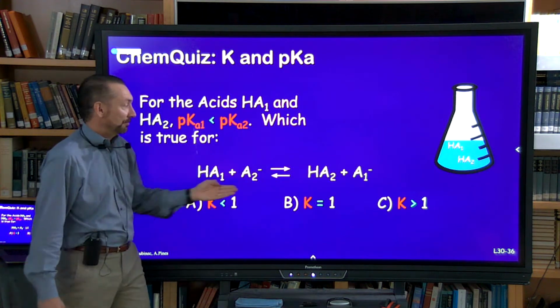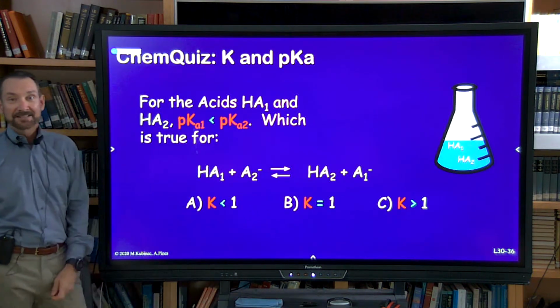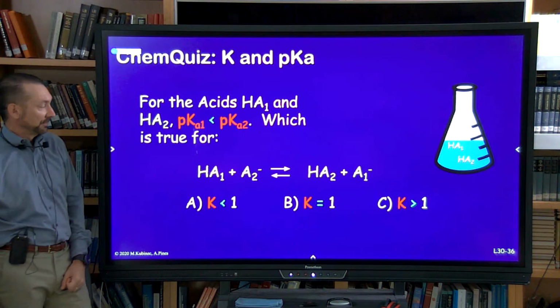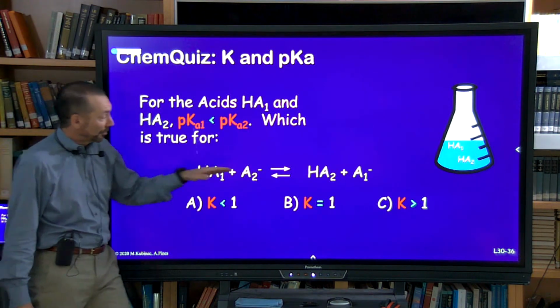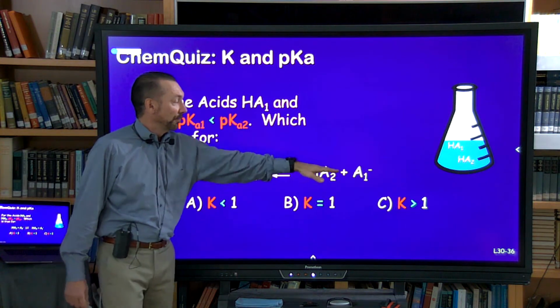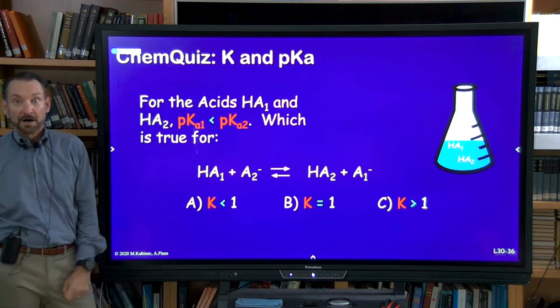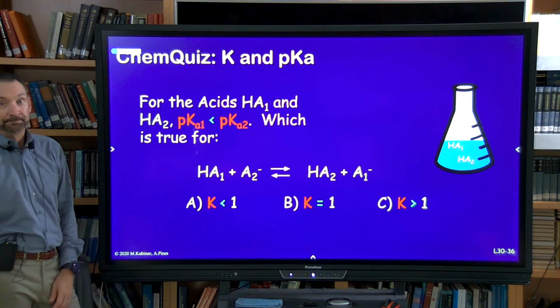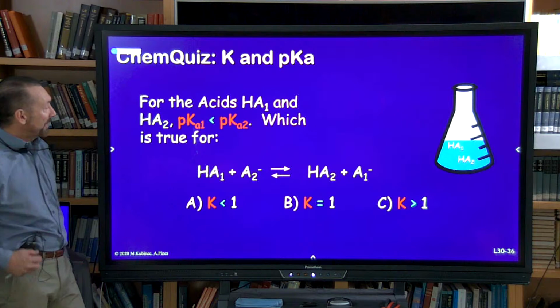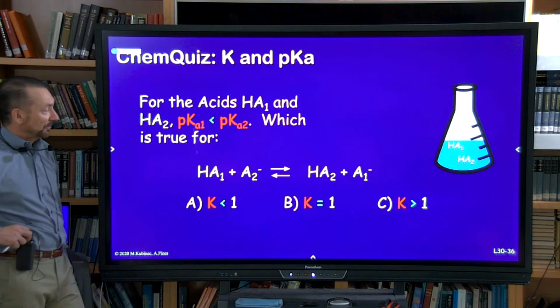This equilibrium between their relative acid and base forms, to which side does that lie? Or are we in an equilibrium where there's equal concentrations of all of them and would have a K equal 1? So talk about that for a minute in your small groups, and we'll take a vote.